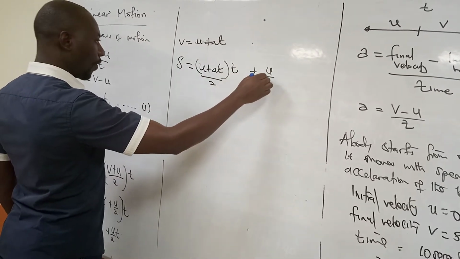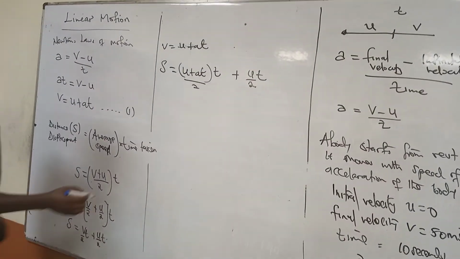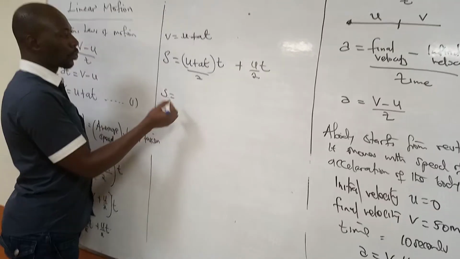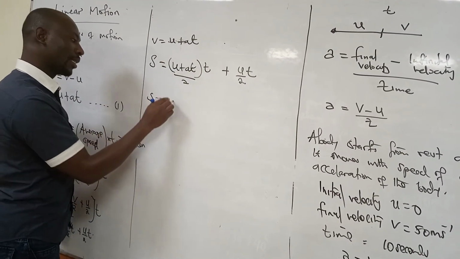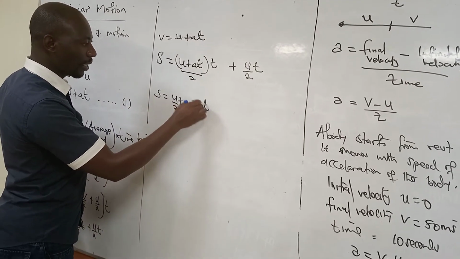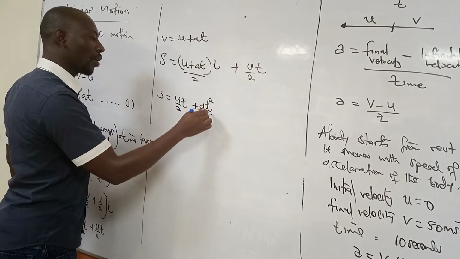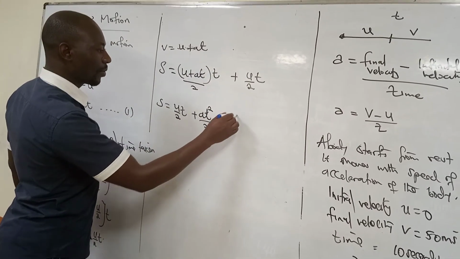U over 2T. So you can expand this bracket and get that S is equal to U over 2 multiplied by this T, U over 2T, plus AT, if you multiply by this T, it will be T squared over 2 plus U over 2T.